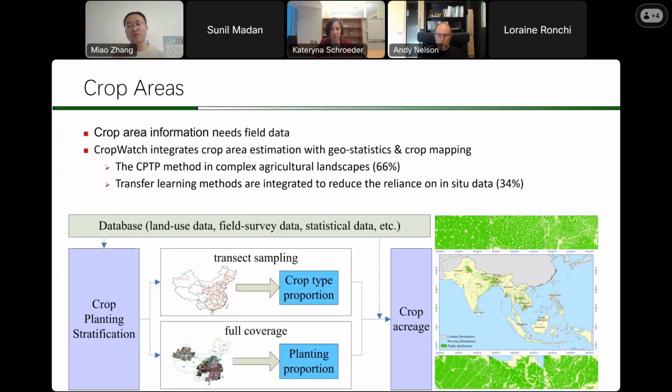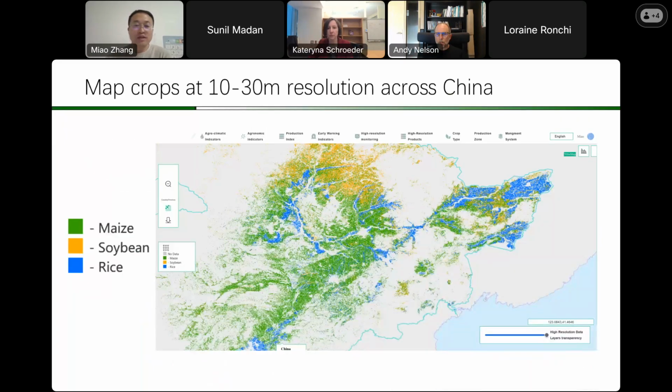The system provides visualized information to show where maize, rice, and different crop types are cultivated. Like this one, this is an example of the 10 to 30 meter high resolution crop types across Northeast China, where maize, soybean, and rice are the main crops.